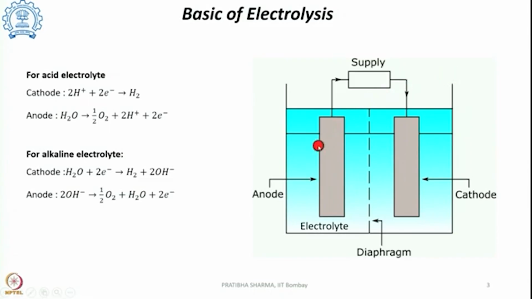Similarly, water gets split and H plus ions are released, which pass through the separator across the electrolyte to reach the cathode, and oxygen in this process is evolved at the anode side. So, oxygen evolves at the anode and hydrogen evolves at the cathode. This is how the basic electrolytic cell works.